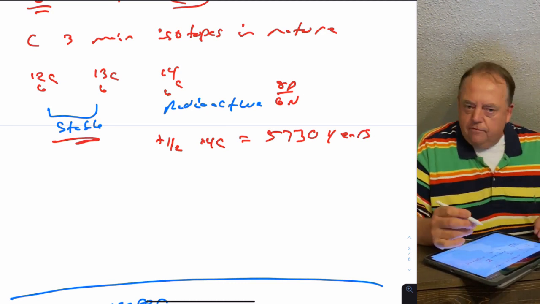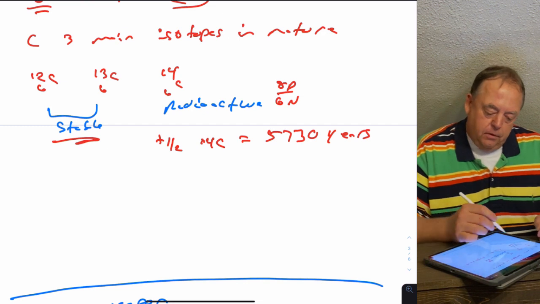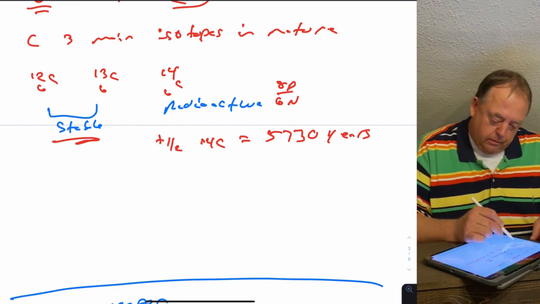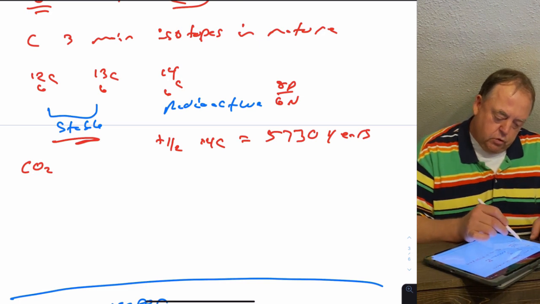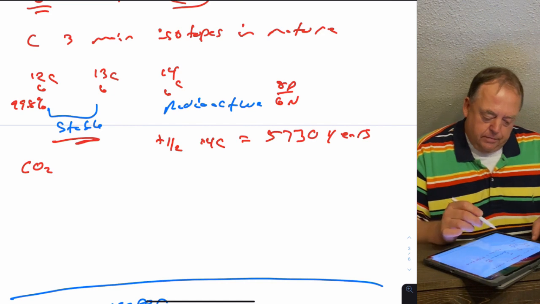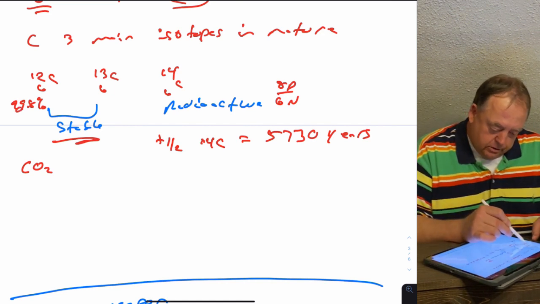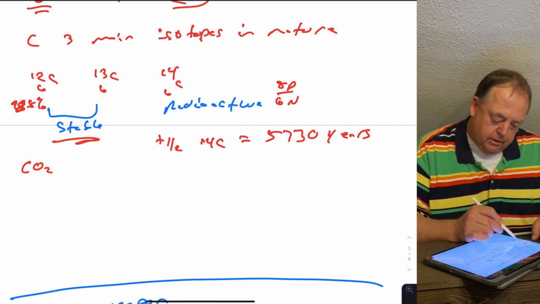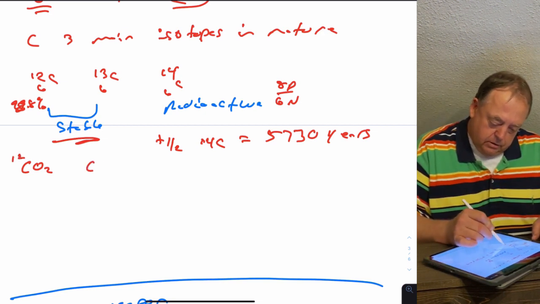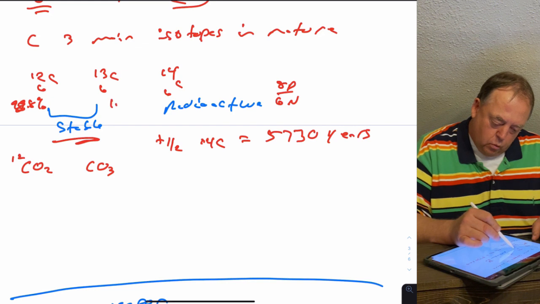So where do you find carbon in nature? Well, one place you find carbon in nature is CO2. Most of the CO2 in nature has carbon-12 in it, because carbon-12 is about 98.9% natural abundance, and then there's about 1.1% natural abundance carbon-13.